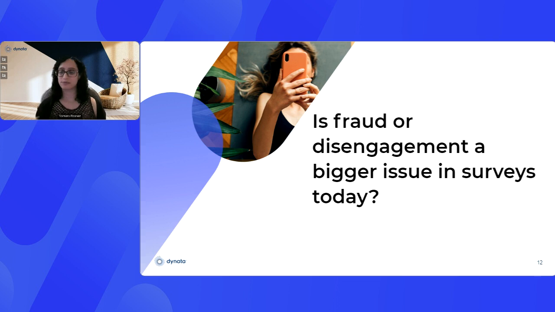But if someone isn't using a sophisticated approach for detecting poor respondent quality, fraud can be a big issue and is likely still the bigger issue of the two. But if you have locked down fraud the way we have, disengagement ends up being the more prominent issue when it comes to respondent quality. And so that's why it's really important to follow survey design and research best practices when conducting research. Many people do become disengaged from the research process, especially if they encounter a bad survey experience.